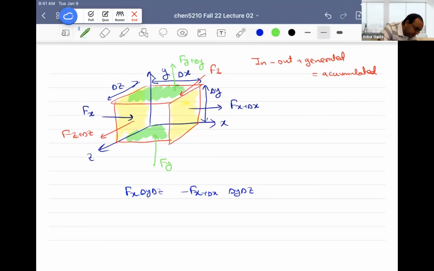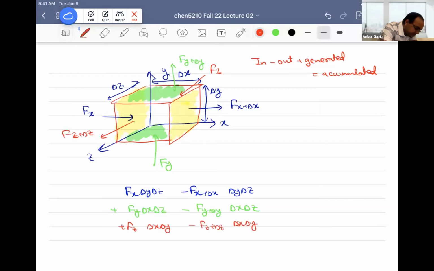Then I have, and I'll stop here because I know we are running out of time, plus fy delta x delta z minus fy at y plus delta y, delta x delta z, plus fz delta x delta y minus fz at z plus delta z, delta x delta y.